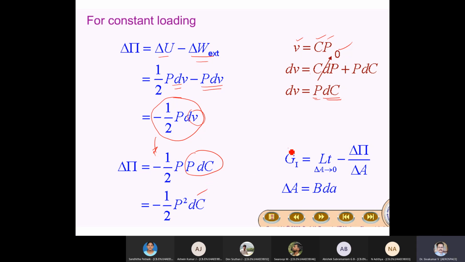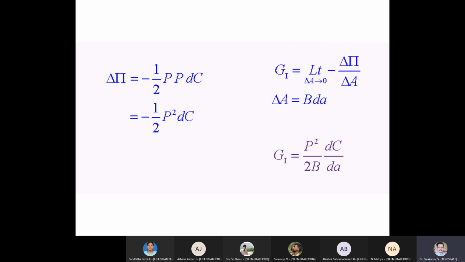So what is G1? I know very well. Already we have seen. Del pi by del A, as del A tends to 0. This is the limit del A tends to 0. This is what? Energy release rate. I know very well what is delta A? B into dA. B into delta A. So once I solve, okay, this into this, I will get this.